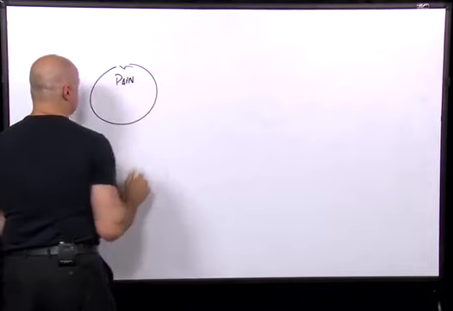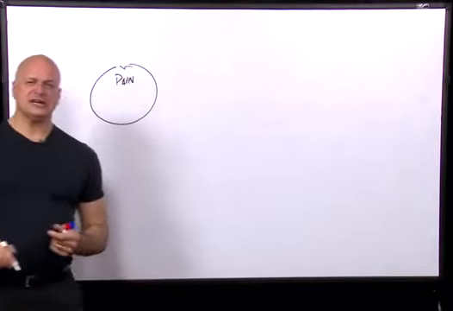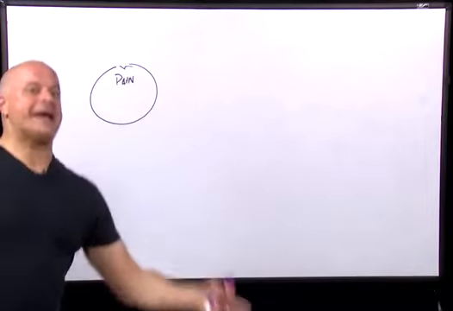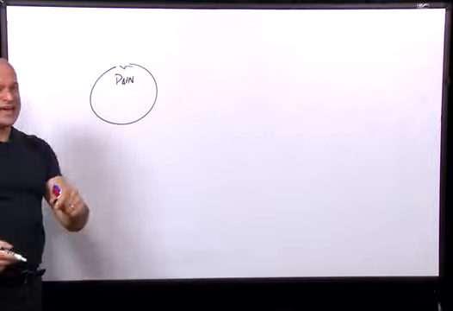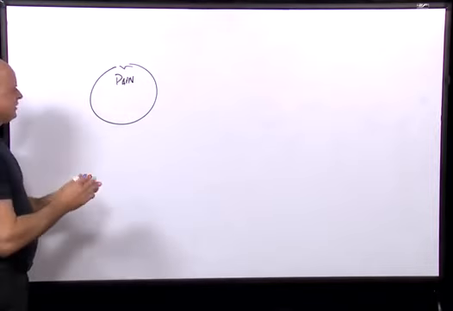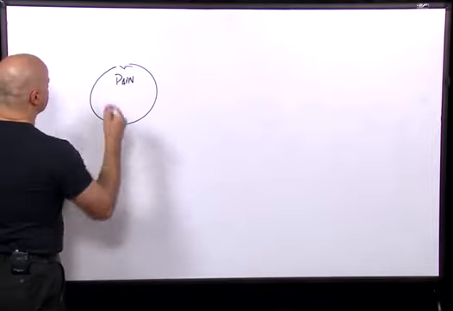Now, one of the hardest things for a medical student to understand at your level is that there's a difference between the word pain and tenderness. Pain means it hurts. Tenderness is different. Tenderness means that it hurts when you press.